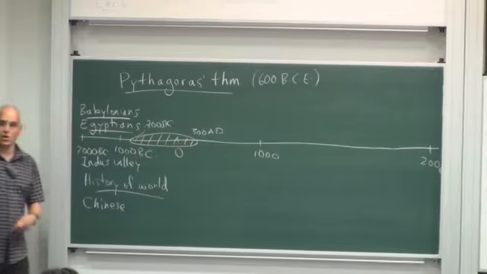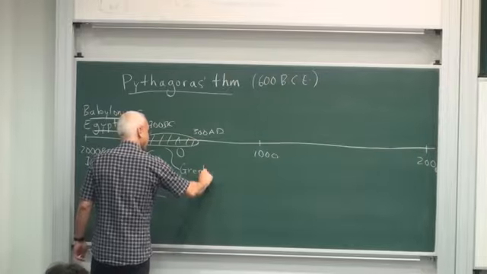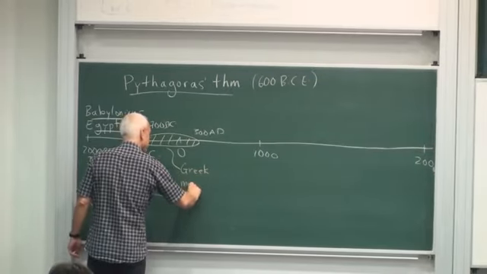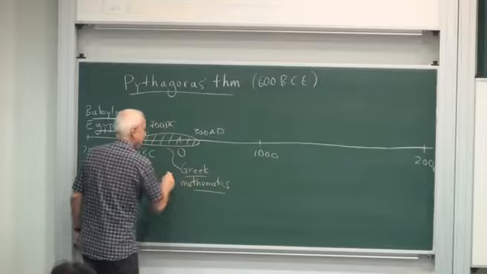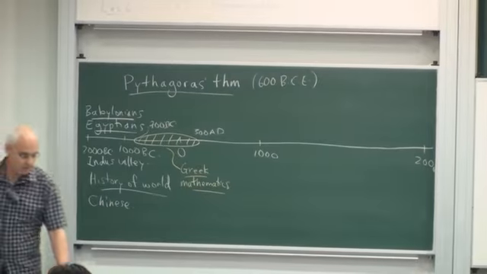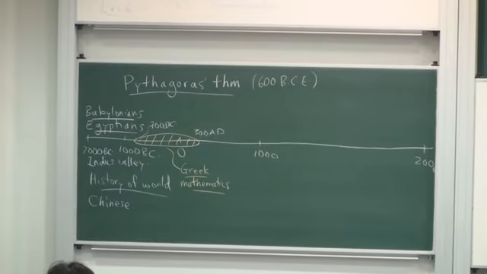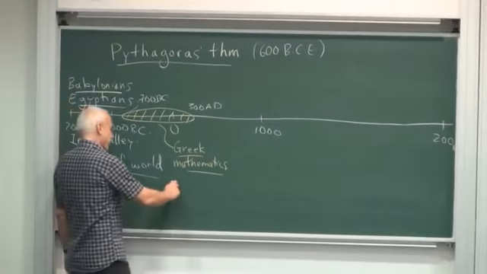golden age of Greek mathematics, and a lot of what we are studying in mathematics, especially in the history of mathematics, has to do with Greek mathematics or developments that came from the Greek mathematicians. Prominent amongst them were some very famous names.